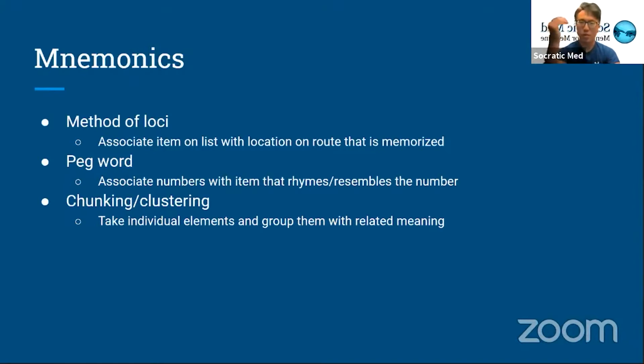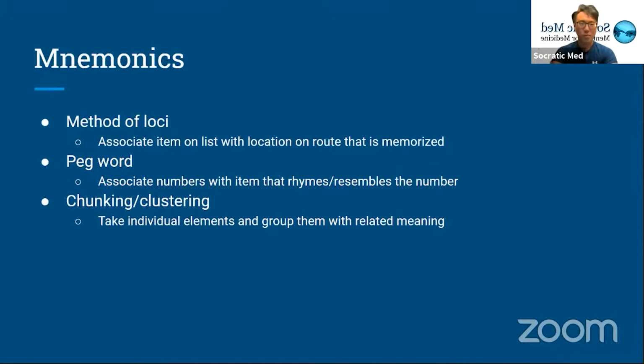So you just memorize your location and the route that you're taking to a different location, and each item on the list is associated with a different spot on your journey. Like I said, I don't think that's a very effective way of studying, but who knows? Some people might like that.